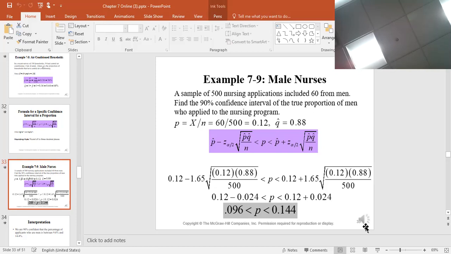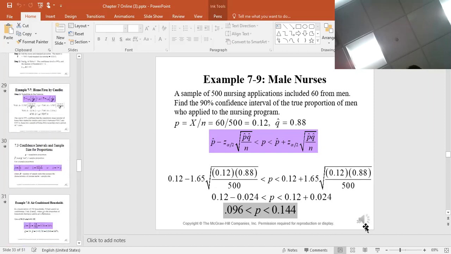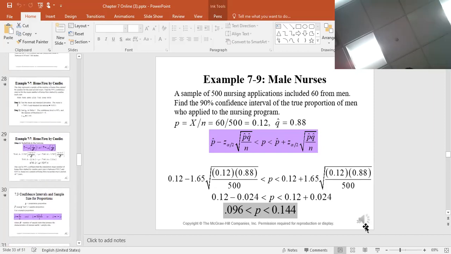Just take it all as Z, as one thing. You don't need to worry about that alpha over 2. It will be more confusing. Yes, you have it in the PowerPoint. You have it in your textbook. But I can give you the most common ones.